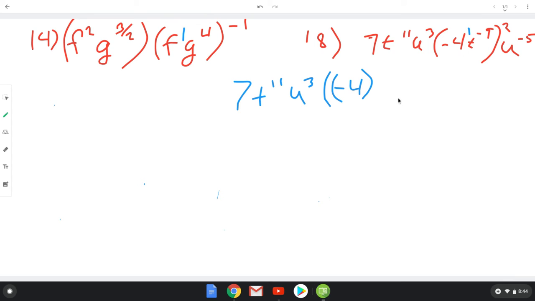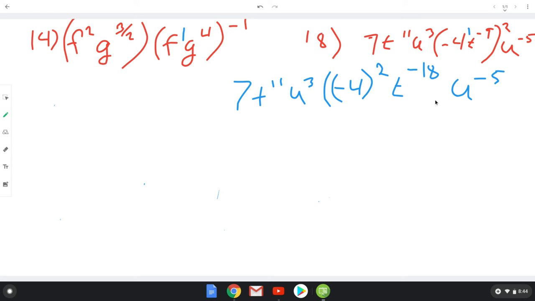So this becomes negative 4 squared, because the negative is inside this parentheses and the 2 is outside the parentheses, so it applies to the negative as well. And then I have t to the negative 9 times 2, so that's t to the negative 18, and u to the negative 5.